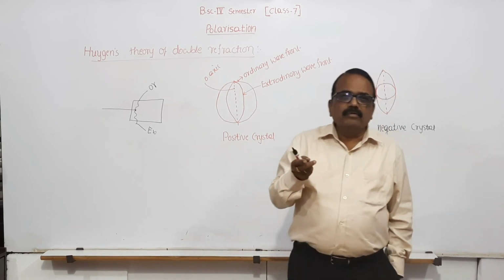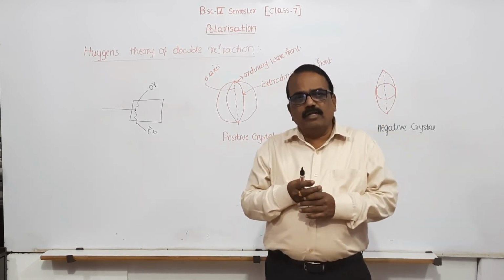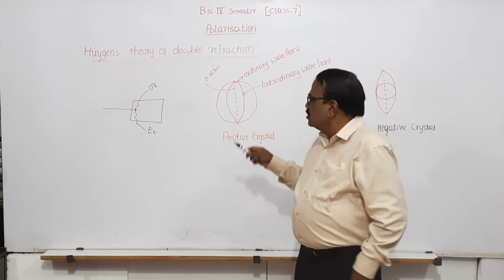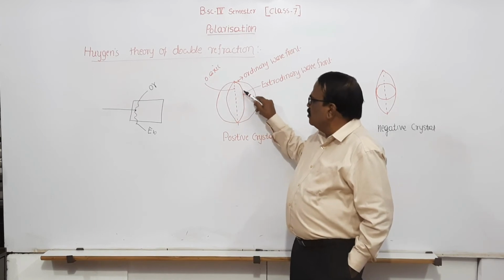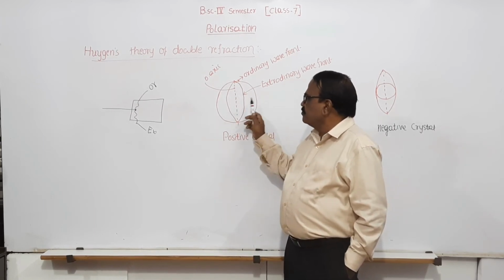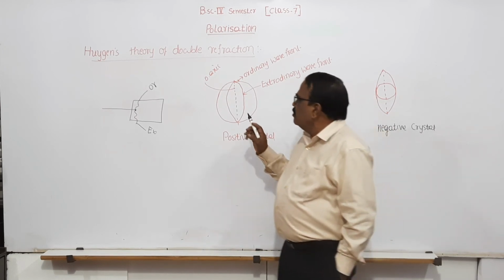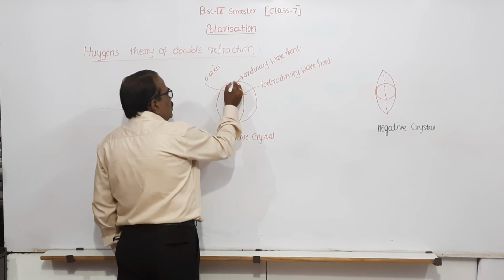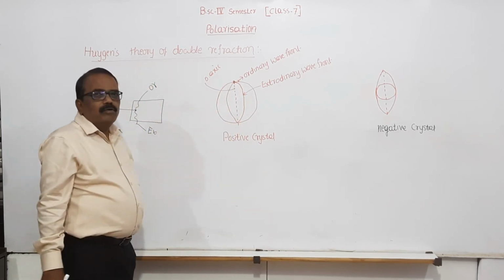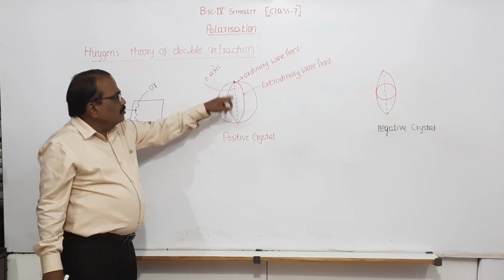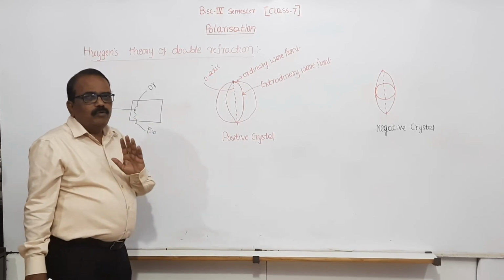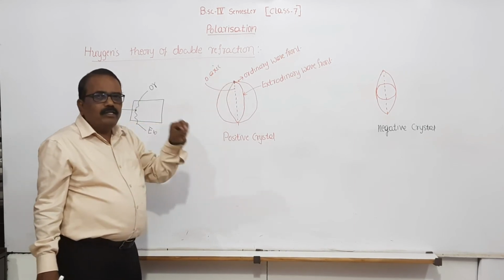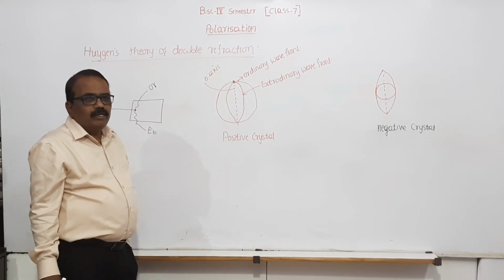Whereas the velocity of the extraordinary ray changes with direction, it describes an ellipsoid of revolution. The ordinary wavefront and extraordinary wavefront touch at a point on the axis, because along the optic axis there is no double refraction. So the velocity of the ordinary ray is the same as the velocity of the extraordinary ray.